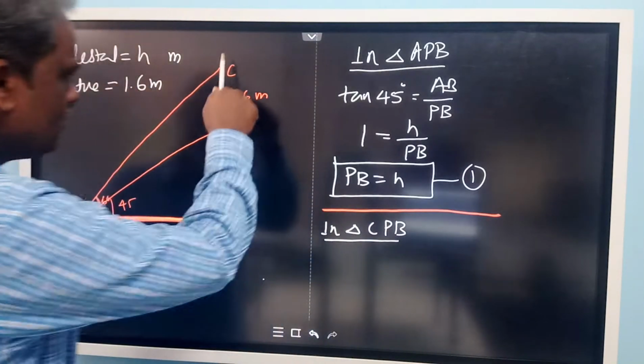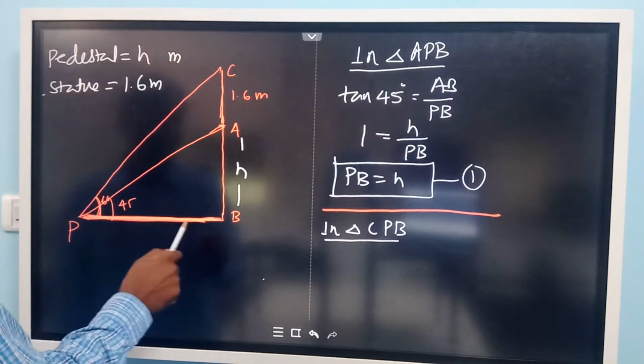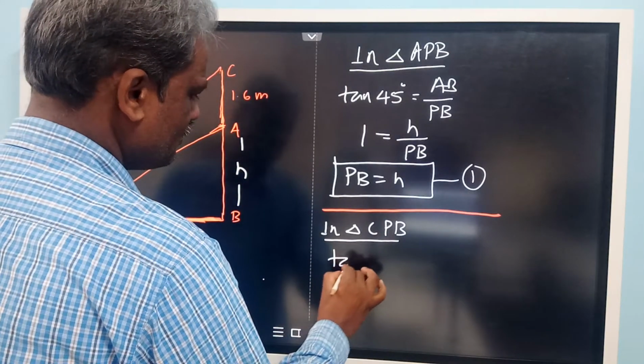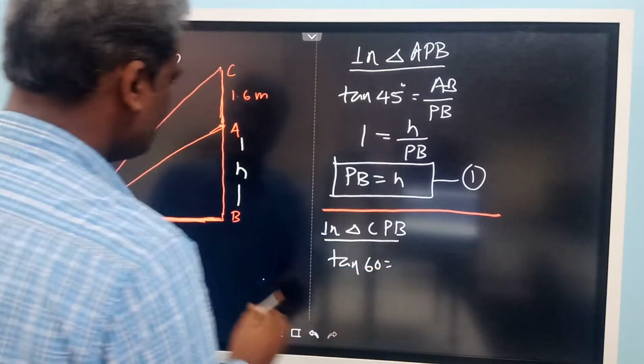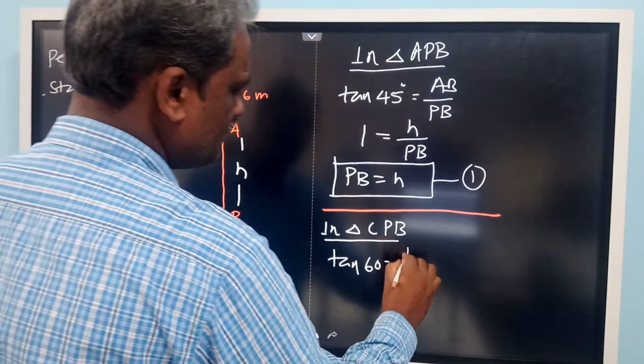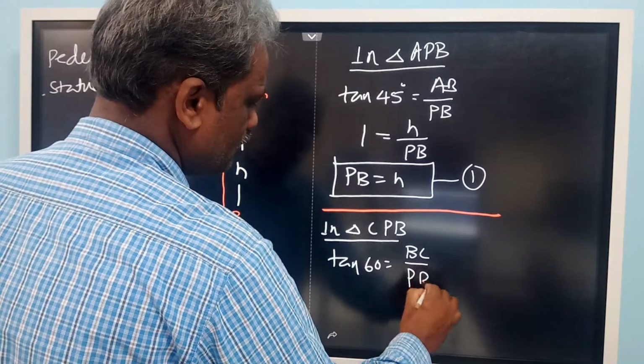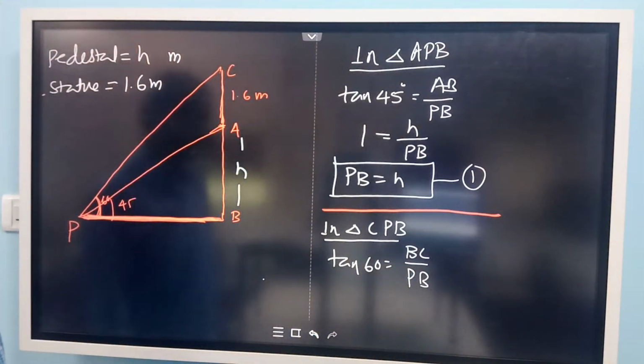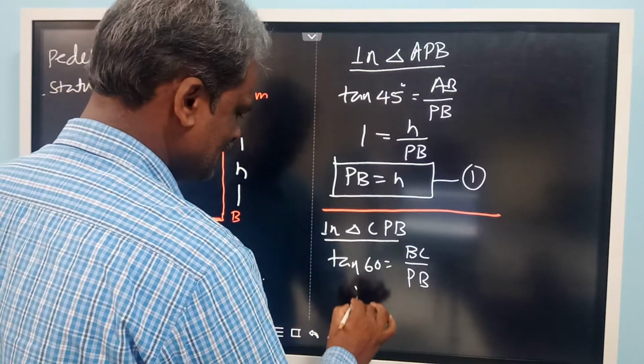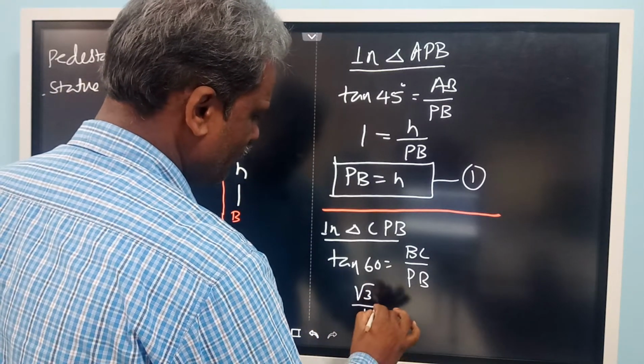So you can write opposite side with the adjacent side. Tan 60 degree is opposite side BC by adjacent side PB. What is tan 60? It is root 3 by 1.